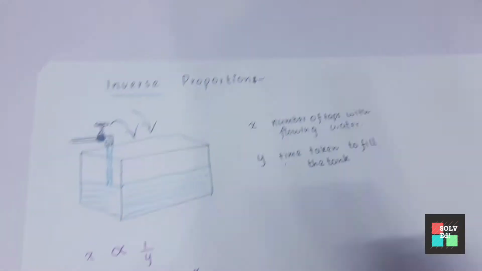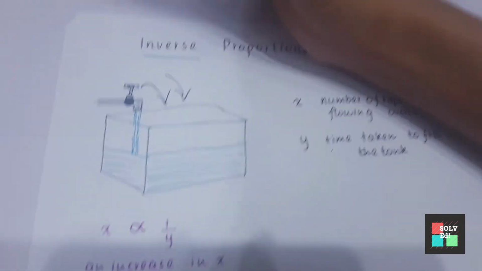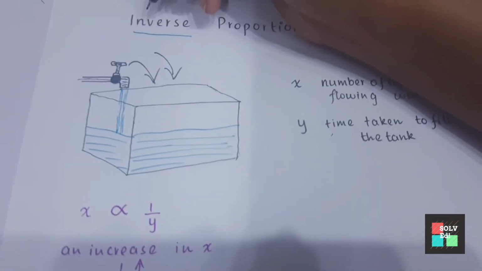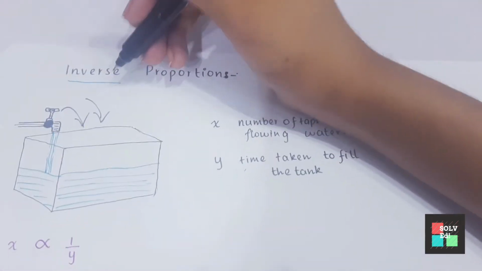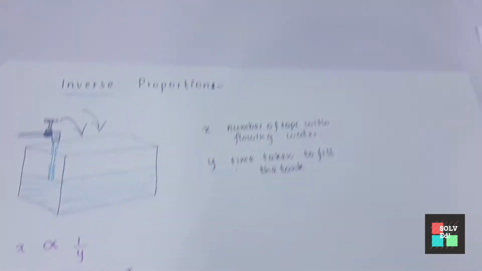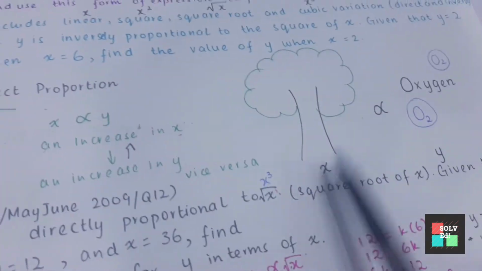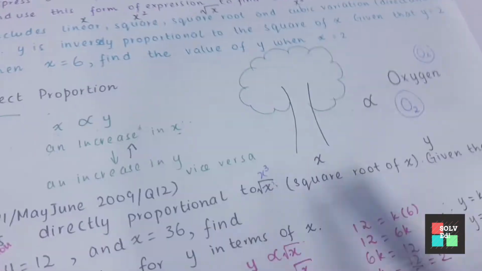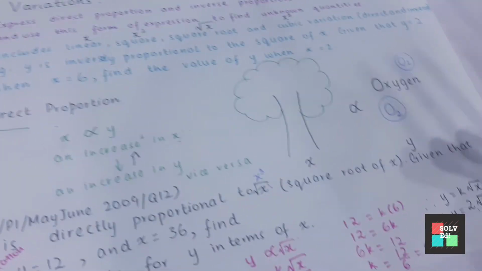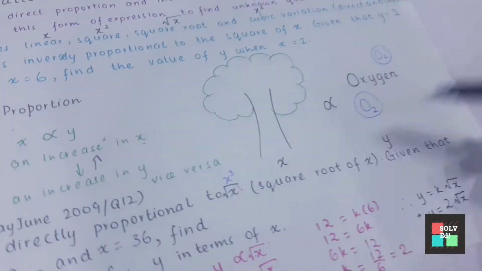So inverse proportion, by name, suggests that there is an inverse relationship. Direct proportion was a direct relationship. Inverse proportion is an inverse, an opposite relationship. I'd given the example in direct proportion that if one variable, say x, the number of trees planted, increases, the other variable, y, the amount of oxygen released, increases.